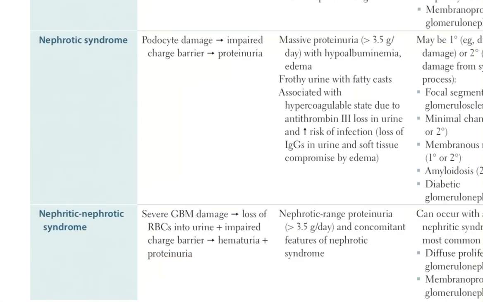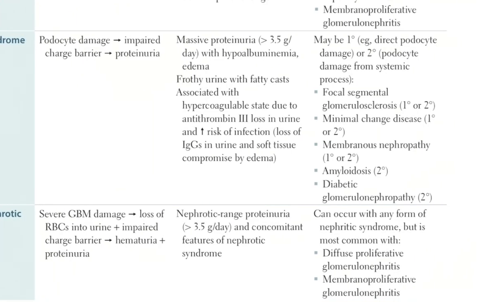So it is a combination of both. It will show symptoms of both, but it majorly shows symptoms of nephrotic syndrome, and even the proteinuria is in the massive, nephrotic range.